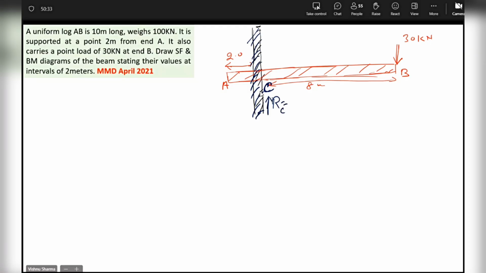Who will please tell me how much is RC? 130 kilonewtons. Okay, very good. RC. So we'll do only one way, this way. We'll not make the support on the other side and unnecessarily confuse anymore. So be careful about the signs. Okay. Let's make the SF table.